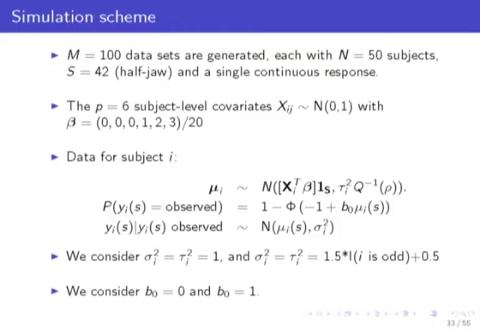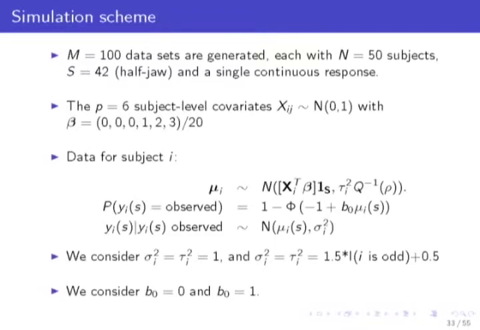We choose 6 subject-level covariates, each coming from normal 0, 1, with these regressors beta. Data for subject I is generated like this, with mu I coming from this normal distribution. Now Y_IS, when it is observed, is generated from this distribution, and Y_IS given Y_S observed follows normal mu_IS and sigma I square.